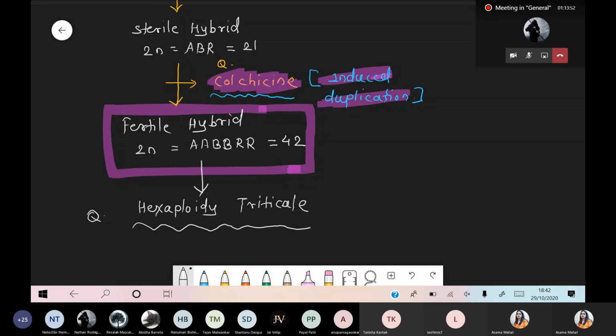Yeah. Same scenario with respect to octaploidy. Okay.